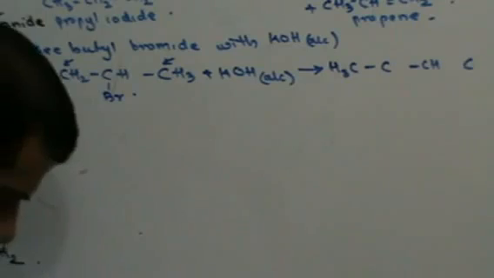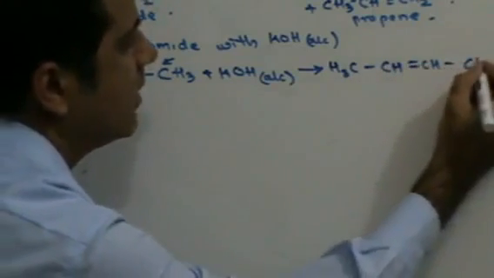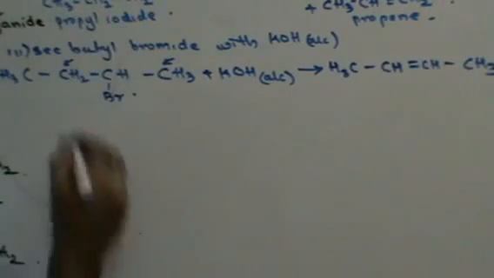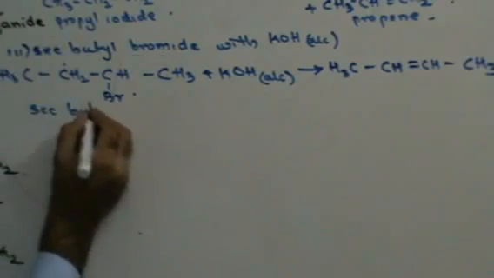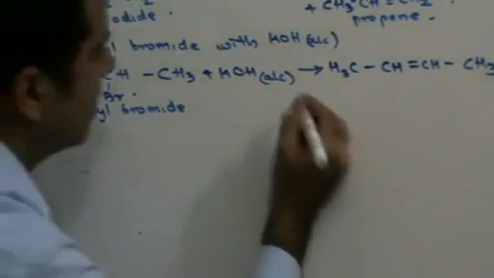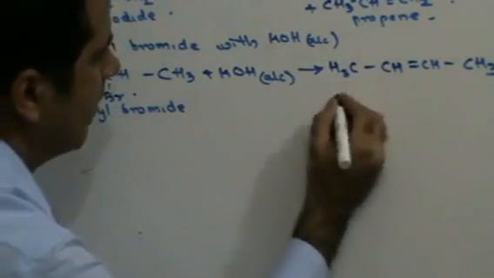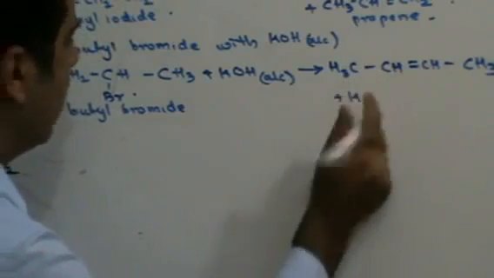So in that case you will get CH, double bond comes here, CH3. So this is going to be sec butyl bromide, and this I have removed now, dehydrohalogenation.